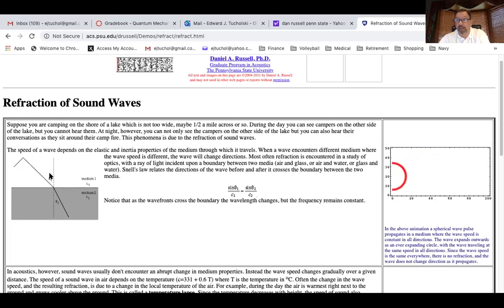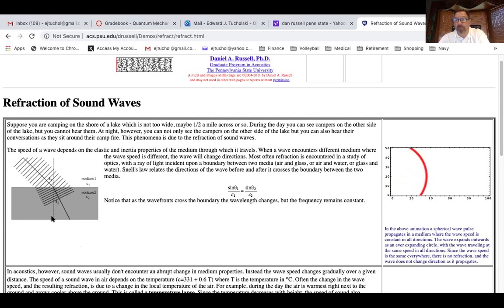There's the incident angle, and when it hits a second medium, and in this case the medium has a speed of light or an index of refraction that's greater than 1, or greater than what you had in medium 1, you can see the light or the sound bending with a different angle, and it's bending towards the normal to the surface that is the refraction surface.